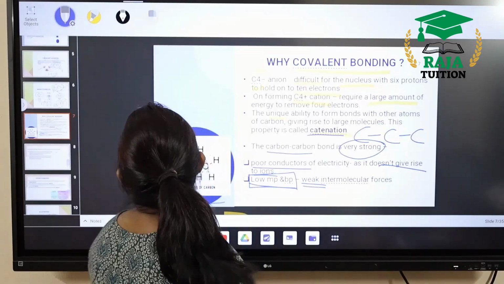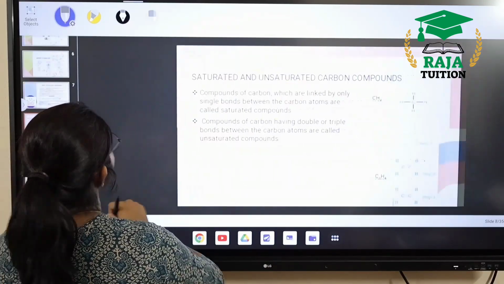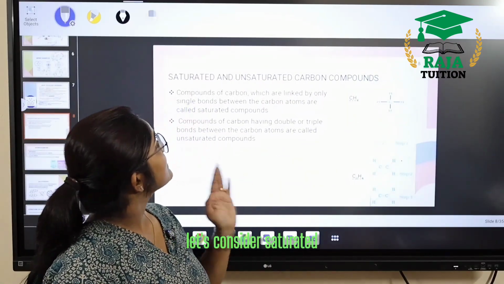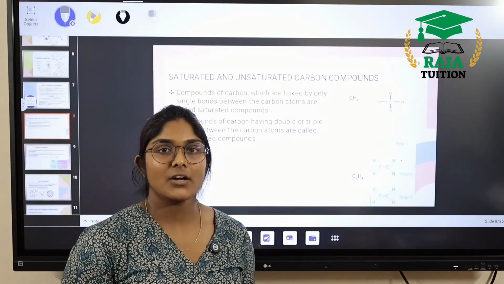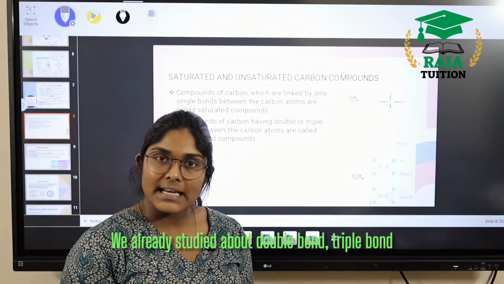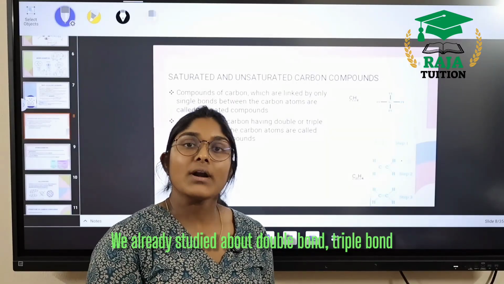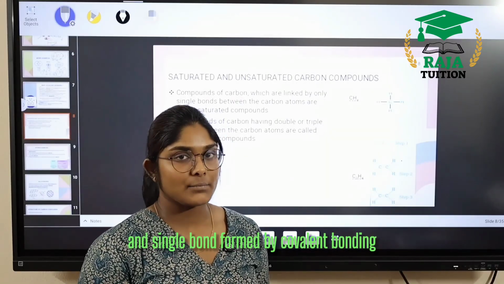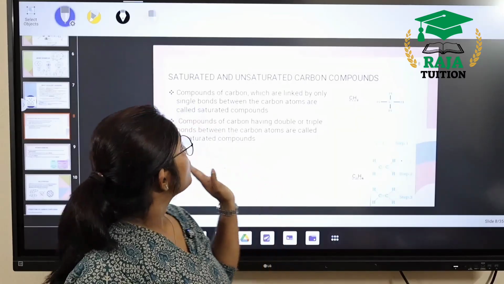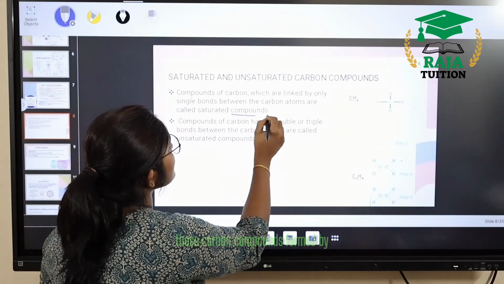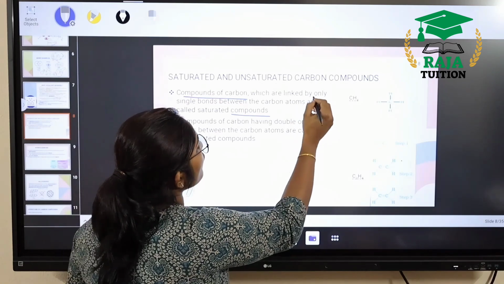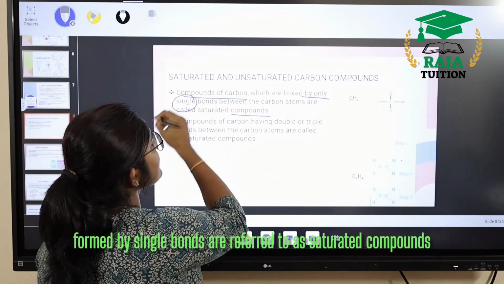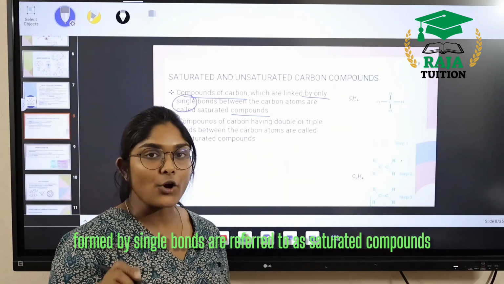Okay, then let's consider saturated and unsaturated carbon compounds. What makes them different? We already studied double bond, triple bond and single bond formed by covalent bonding. Those carbon compounds formed by single bonds are referred to as saturated compounds.